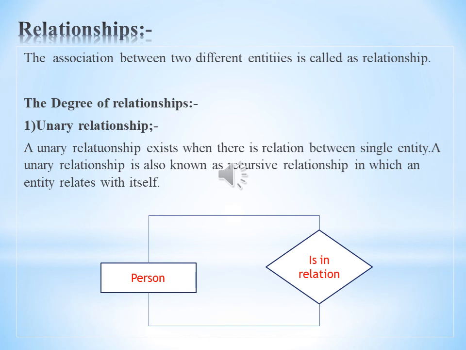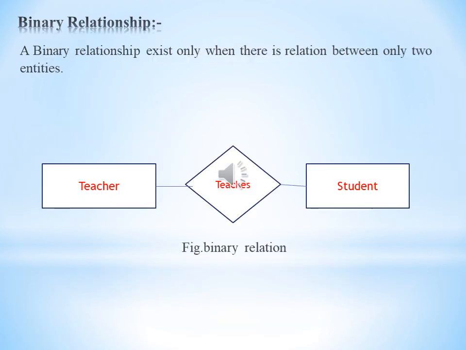For example, a person can be in a relationship with another person. A binary relationship exists only when there is a relationship between 2 entities. In this case, the degree of the relationship is 2.